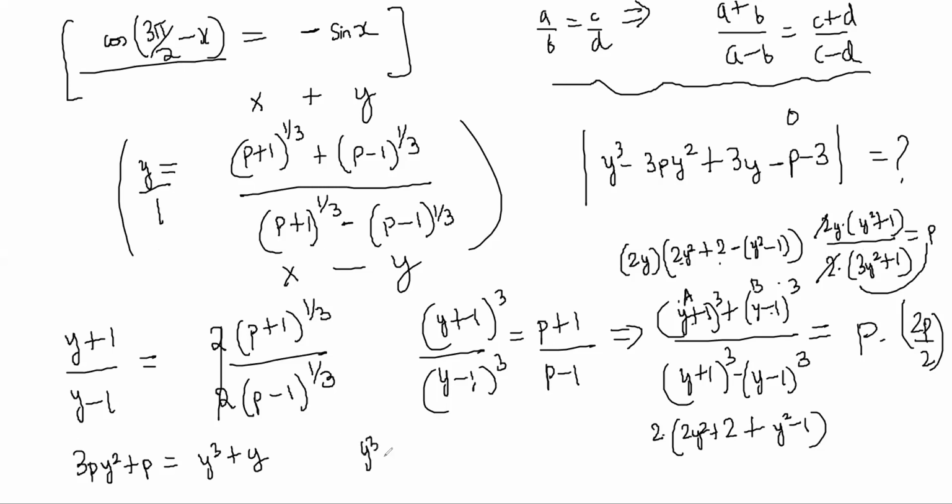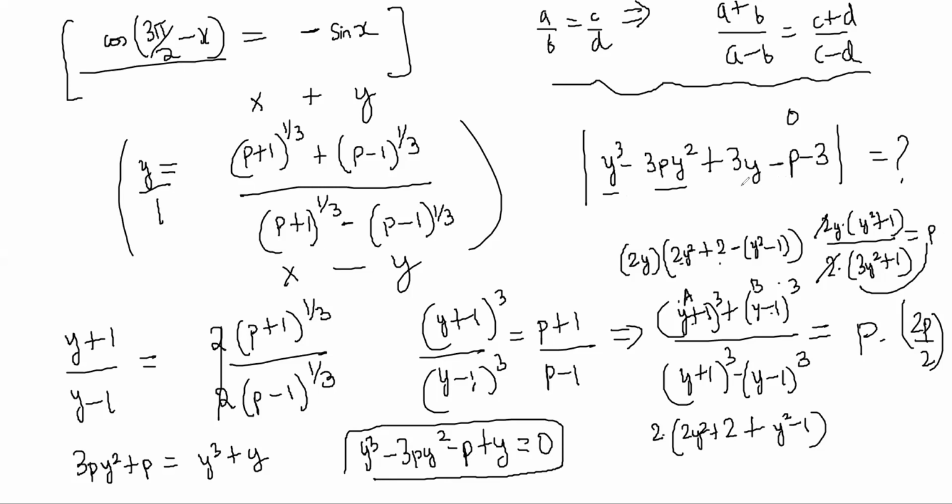So y cube minus 3py square minus p plus y is equal to 0. We are getting this, no? Okay. The term we need has 3y instead of y, so it should be 0 plus 2y minus 3.